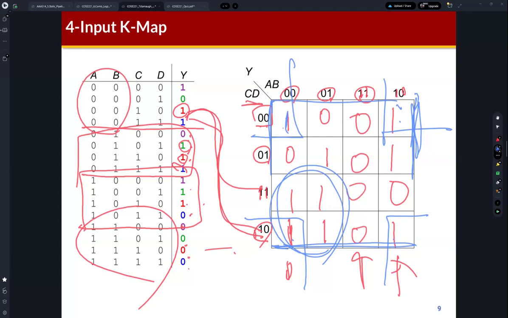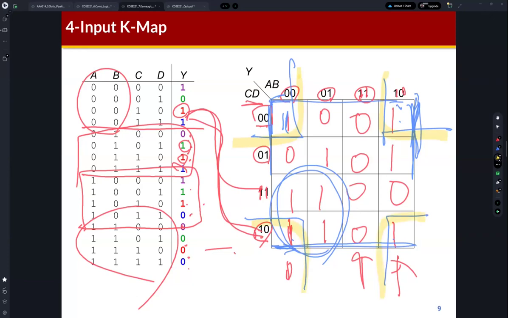In the real plane, this is connected to this one, and this is connected to this one. So we can make the largest circle like the one here, here, here, and here.